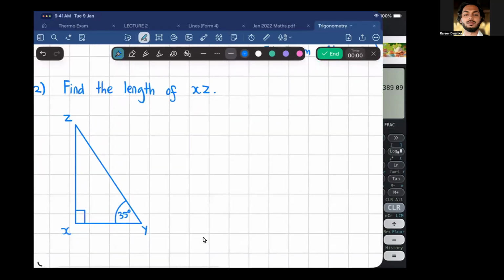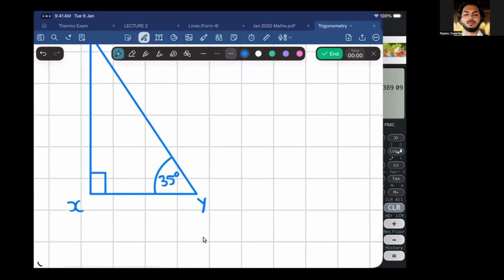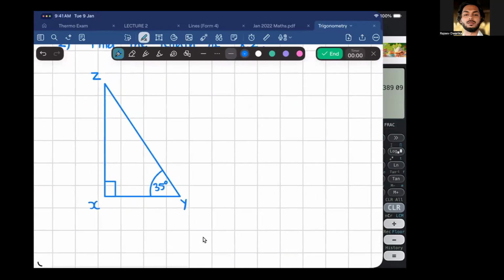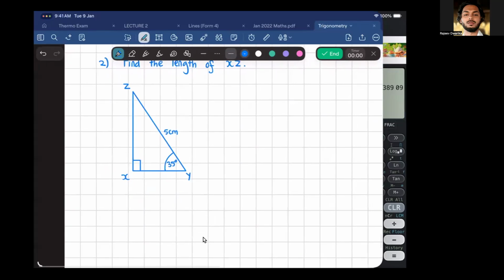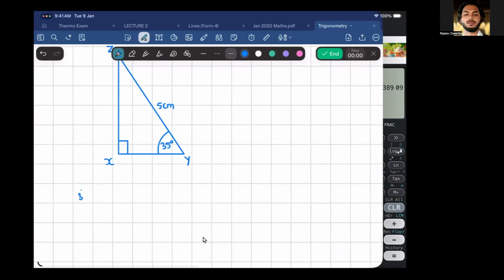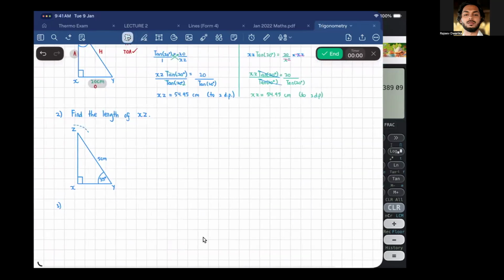Right, find the length of XZ. Key. And I could say that this is 5 centimeters. Key. Question 3.